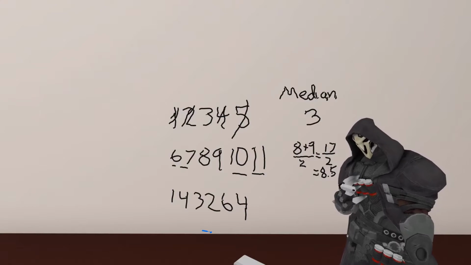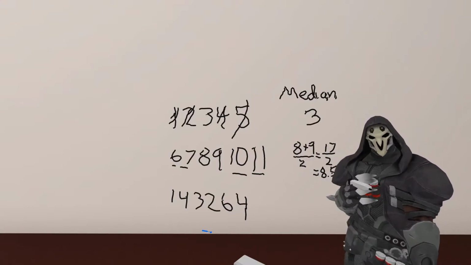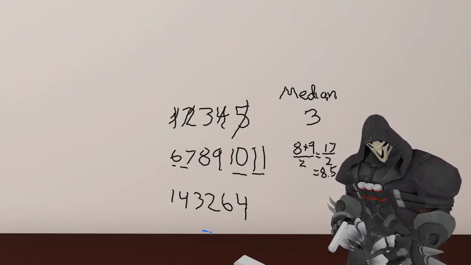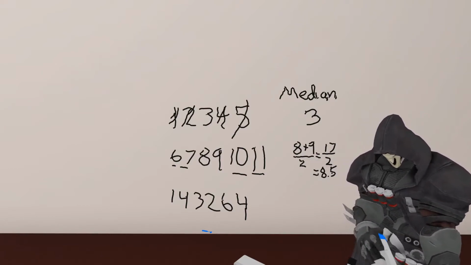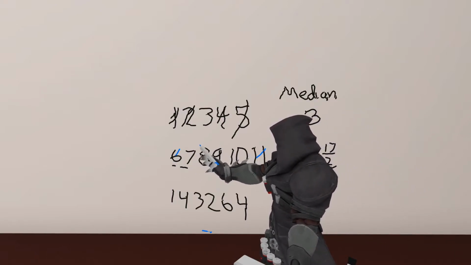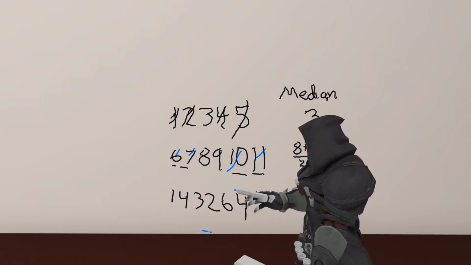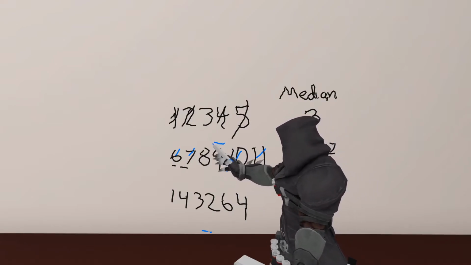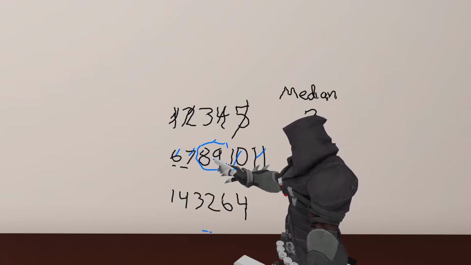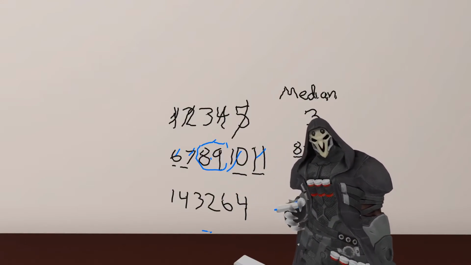Now, again, we could do the crossing out method, or maybe you can just see. So again, the trick is just 1 on the right, 1 on the left, 1 on the left, 1 on the right, but we have 2 numbers in the middle. So we're going to want the mean of those 2 numbers.